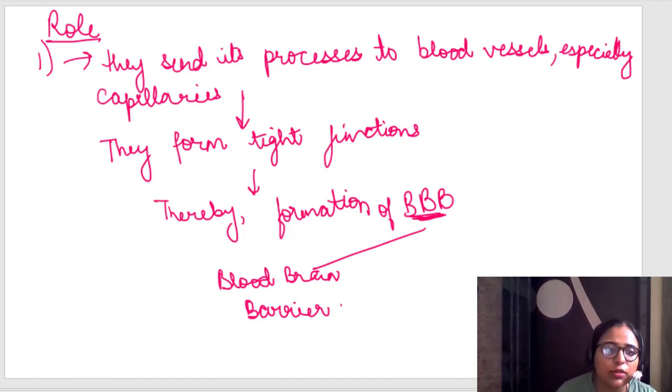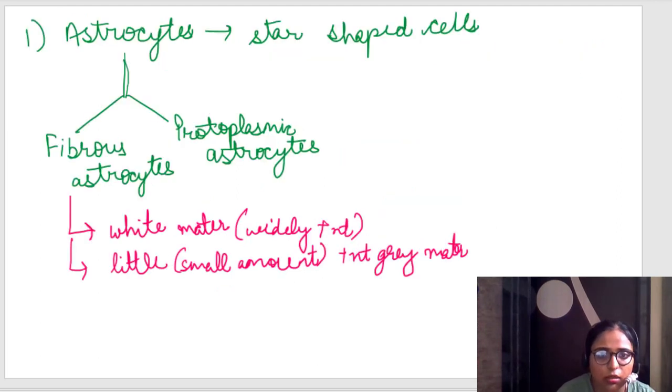Right. Now we will see your protoplasmic astrocytes also, the second one.